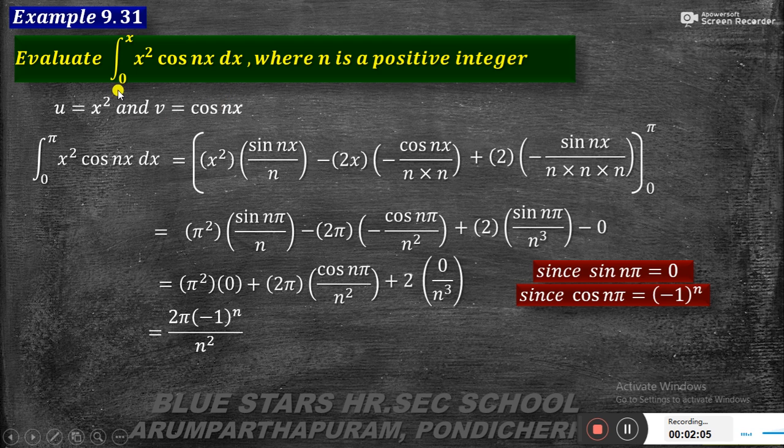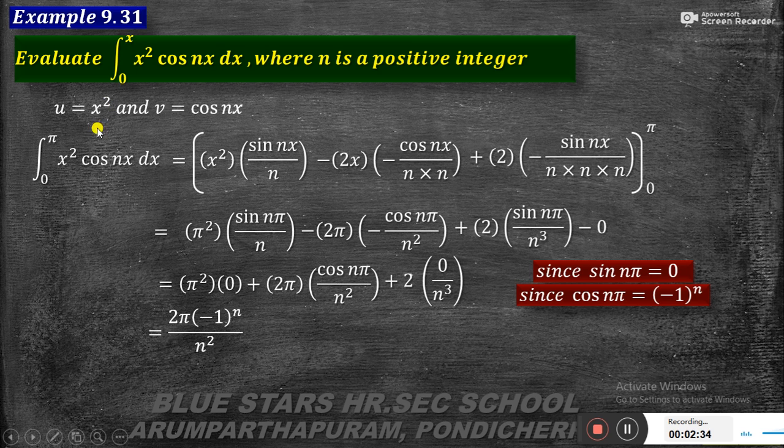Now I write the given integral, 0 to pi x square cos nx dx, equal to, by the Bernoulli formula, u v1. u is the given function. v1 means I take the integration of cos nx, which is sin nx by n, minus u1, the first derivative of u.